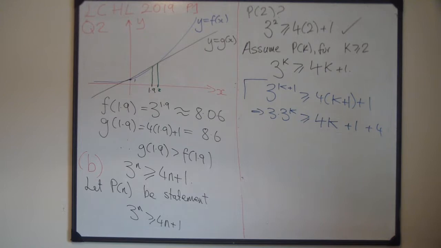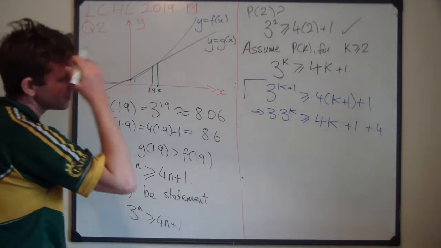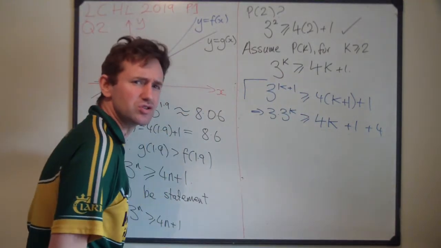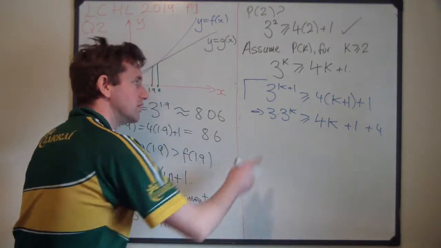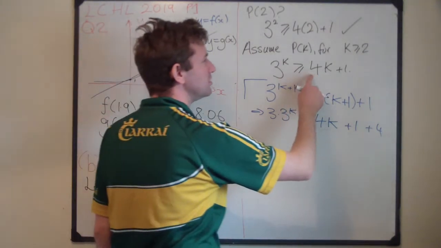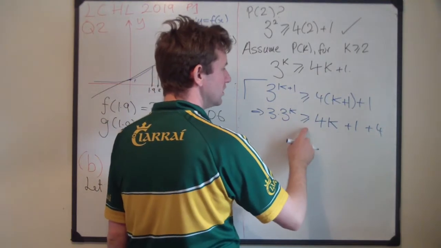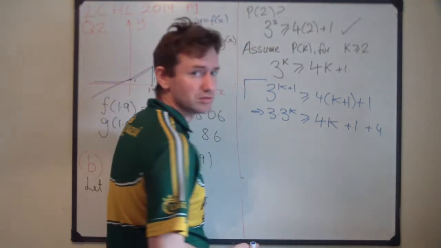You're multiplying by 3, and on the right hand side you're adding 4. You can probably argue that multiplying by 3 increases the left hand side by more, but that's not really what we want to do. What we probably want to do is start with this and multiply both sides by 3, because then you'll get this. And can we show maybe that 3 of these is bigger than this, which shouldn't be an issue.